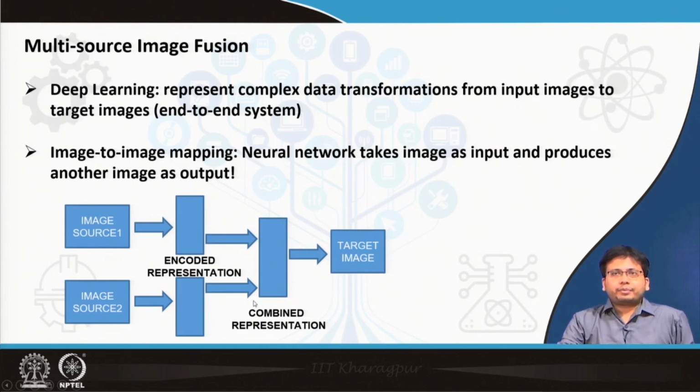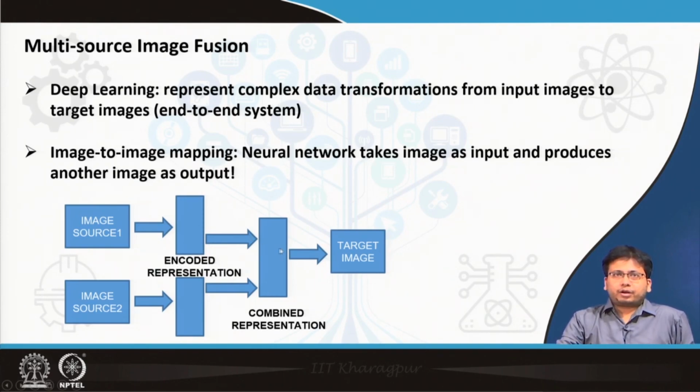Here you might remember the architecture which we had discussed for the lightning prediction, the LightNet architecture which we had discussed in a couple of lectures back. There were two neural networks, each of them producing some kind of intermediate or encoded representation.